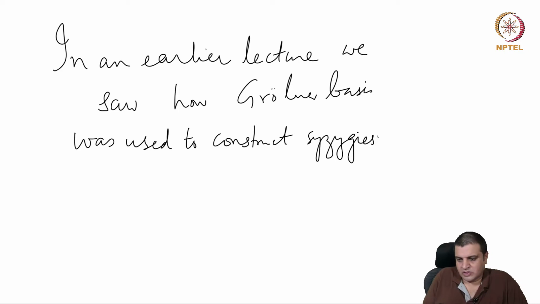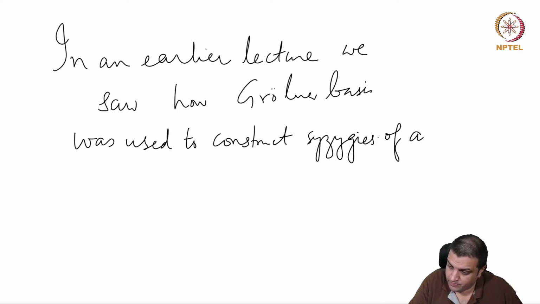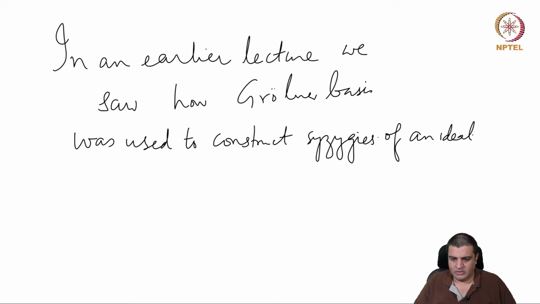Okay. The same thing can be carried over to an ideal, and so far we only looked at computing Gröbner basis for ideals, but it can actually be generalized to not all modules, but submodules of free modules.